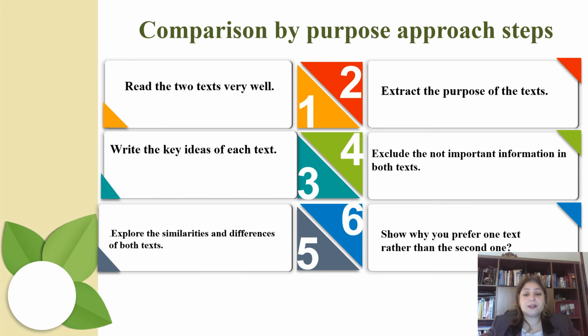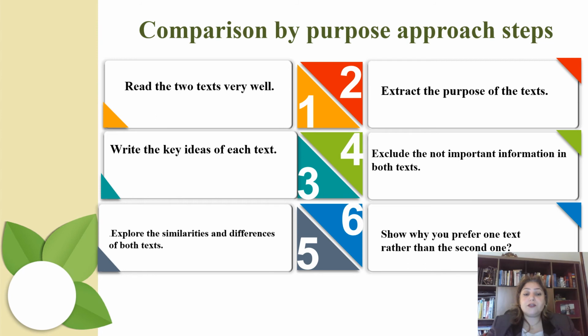The fourth step is to exclude or delete or avoid the not important information in both texts. This is very important, to put your eyes only on the most important key ideas and exclude the not important ideas or information inside both texts, to analyze and make a comparison very well.